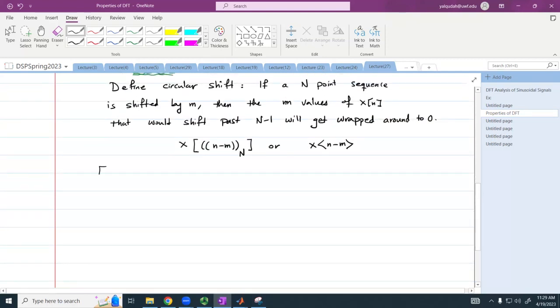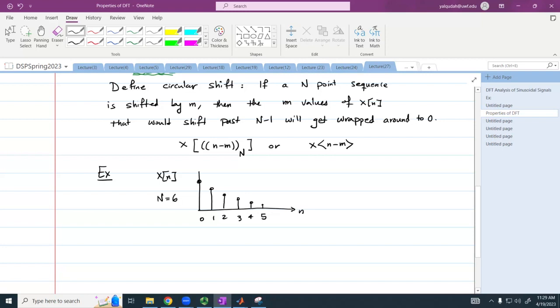As an example, if I have x of n, and this is n, and x of n is 0, 1, 2, 3, 4, and 5.